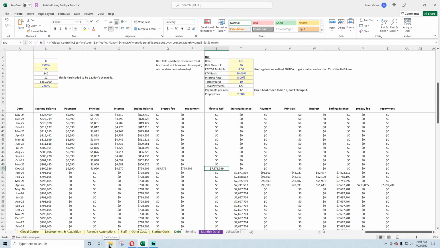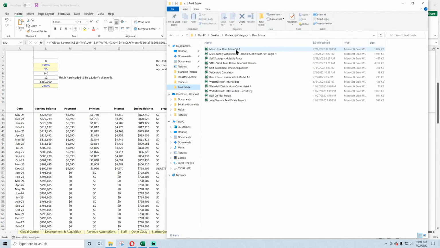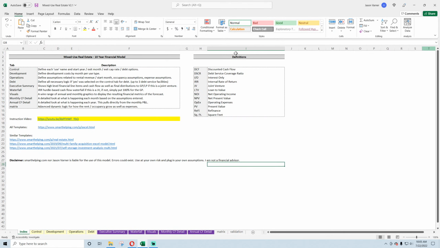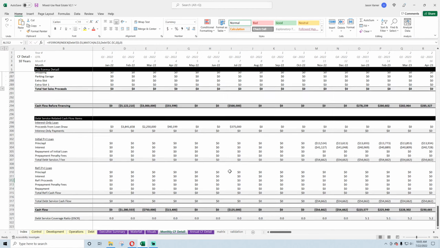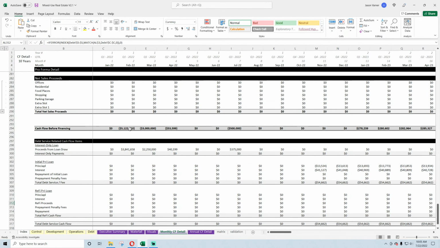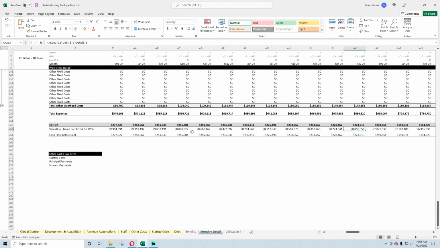I'm actually going to bring back the mixed use model because I want to continue following this cash flow logic because it's really good. So right now we've got cash flow before financing. That's where we're at right now in the assisted living facility. Cash flow before debt.